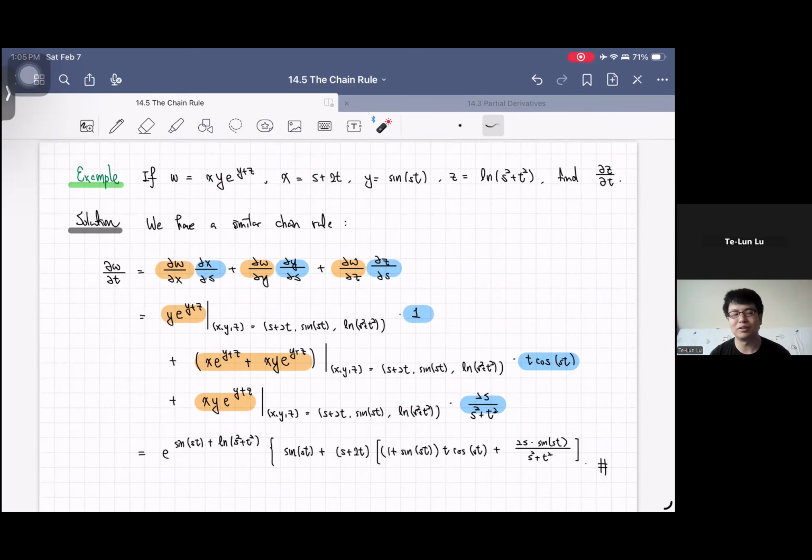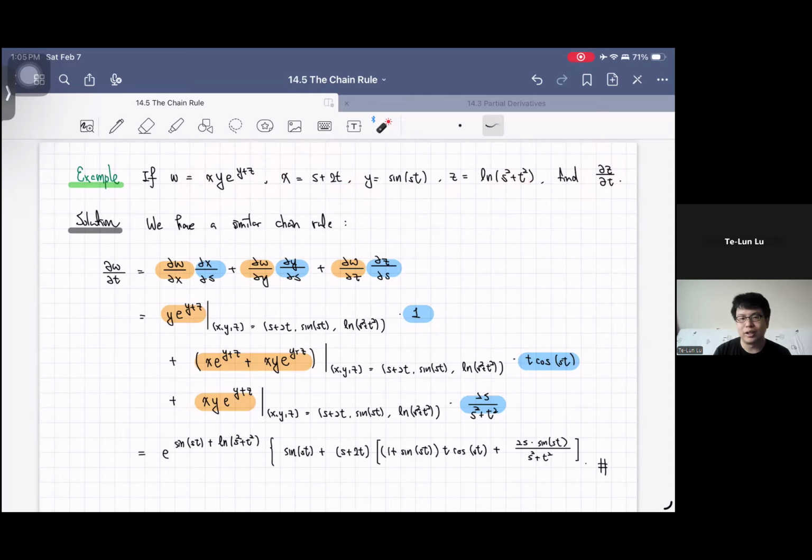Now let's do some concrete function example. So in this case, I want to demonstrate to you guys that the chain rule can be generalized to multidimensional. So I set up w to be xy e to the y plus z. So this is a 3-variable function where x is given by some 2-variable function, s plus 2t, and so are y and z. And I asked you to find the differentiation of w with respect to t.